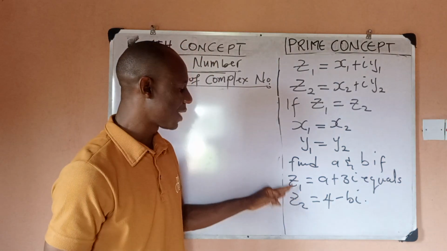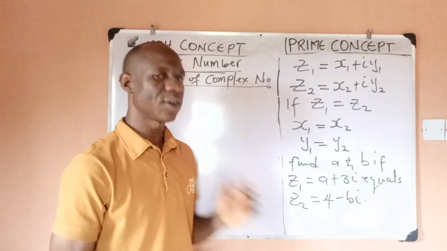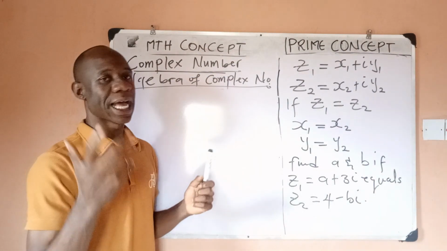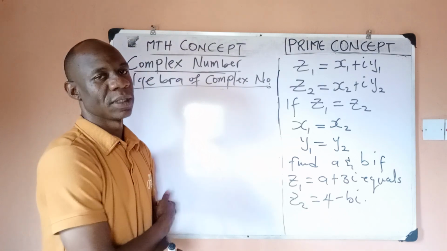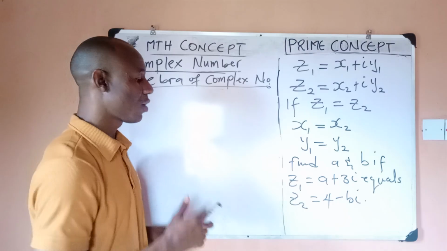If these two complex numbers, z1 and z2, are equal, that is the condition. We said that if two complex numbers are equal, then their real parts are equal, and their corresponding imaginary parts are also equal.